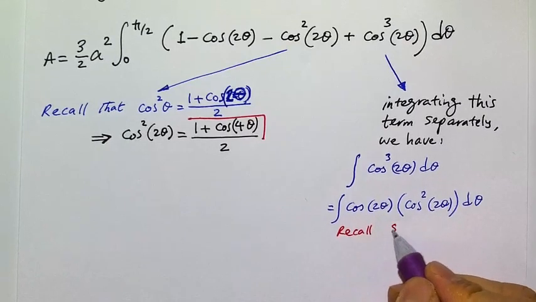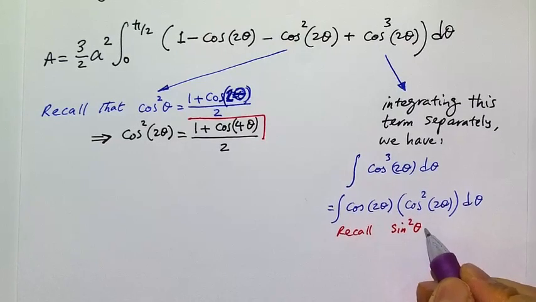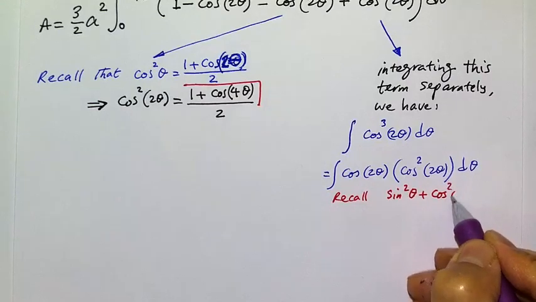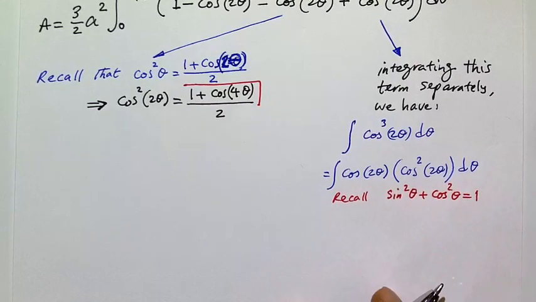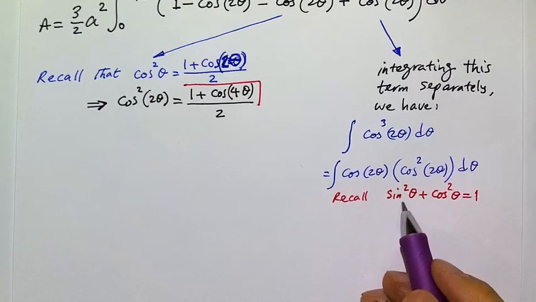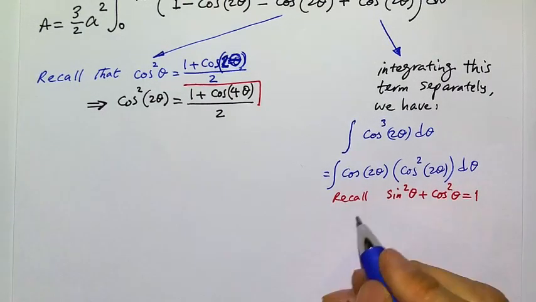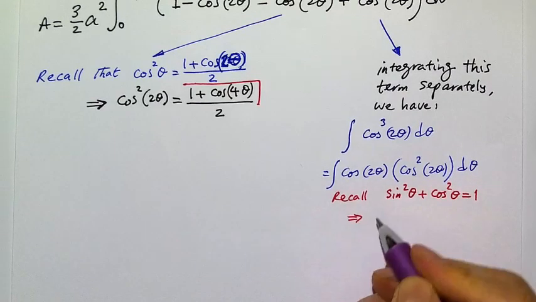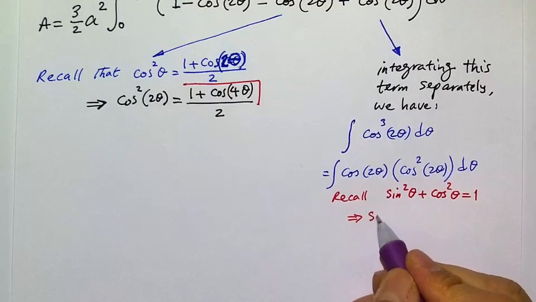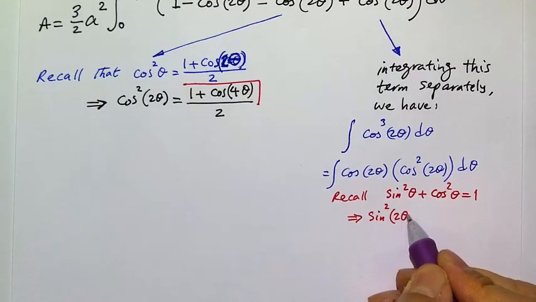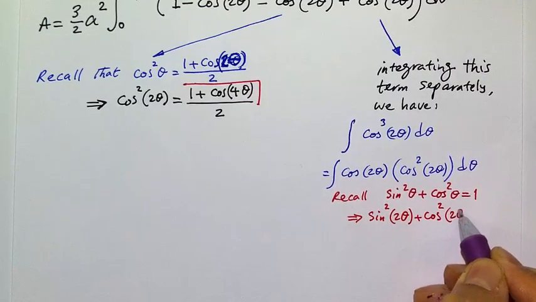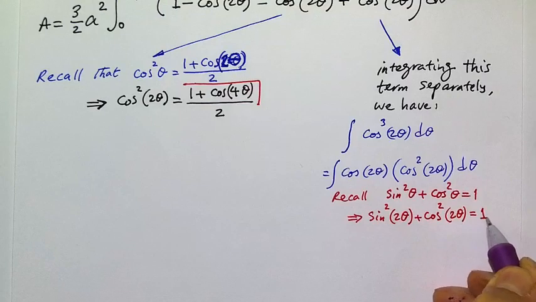Now recall that we have a squared identity from trigonometry that says sine squared theta plus cosine squared theta equals 1, right? So then we can say sine squared 2 theta plus cosine squared 2 theta also equals 1.